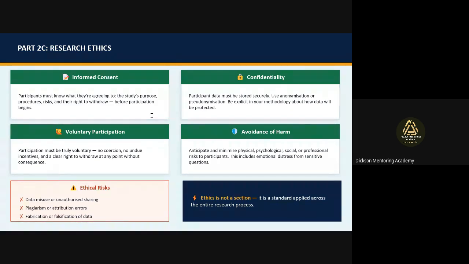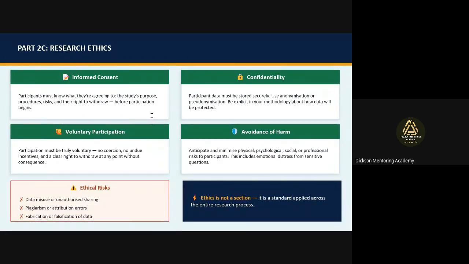There must be an informed consent form that participants will fill, and this will show clearly the procedures, the purpose of the study, the risk they might be exposed to, and their right to withdraw. They have the right to withdraw even before the end of the research. They must sign this before you can use human participants.